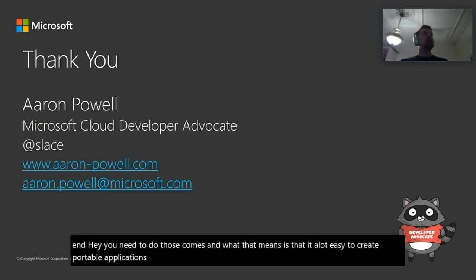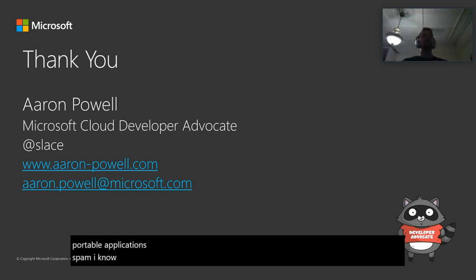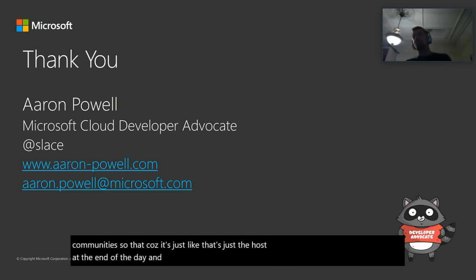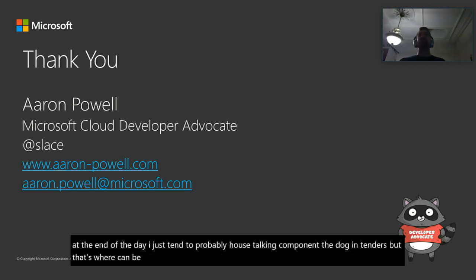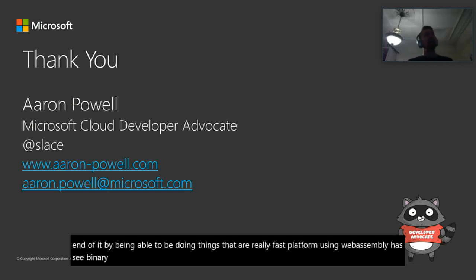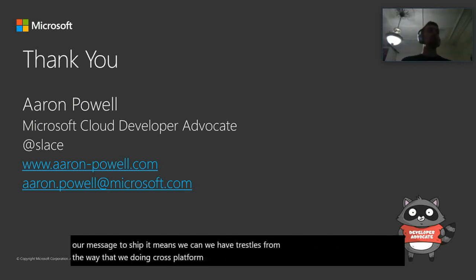And I know that there's some experiments around trying to run WASI inside of Kubernetes, because that's just a host at the end of the day. It just tends to predominantly host Docker containers. But by being able to do things that are really cross-platform, using WebAssembly as the binary method to ship, it means that we can free ourselves from the way that we're doing cross-platform runtimes at the moment.